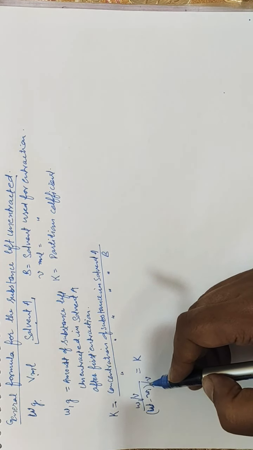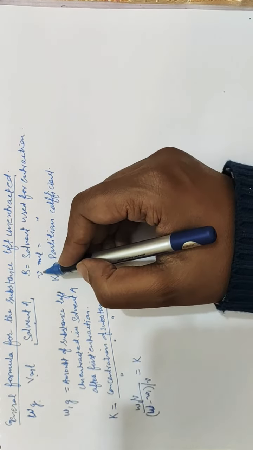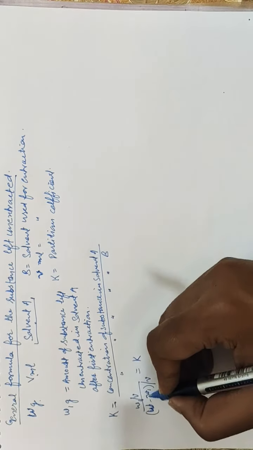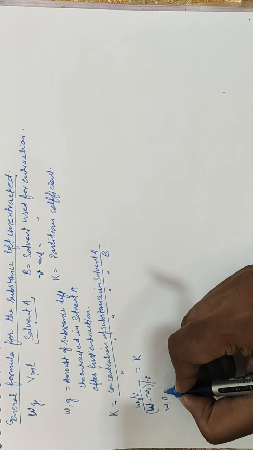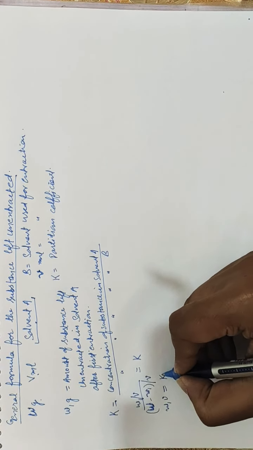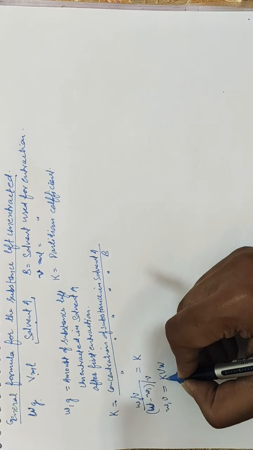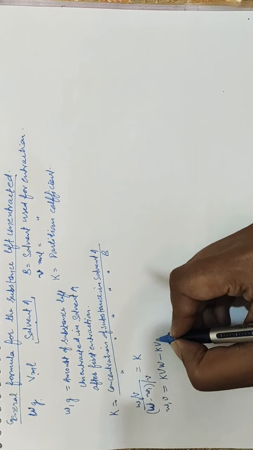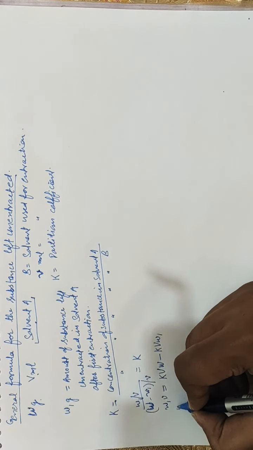So this is the v milliliter that we used of solvent B. Here I had written this, so it should be clear to you. And further, by simplifying it will be w1 V equal to K v capital W minus K v w1, a simple mathematical expression and simple derivation.